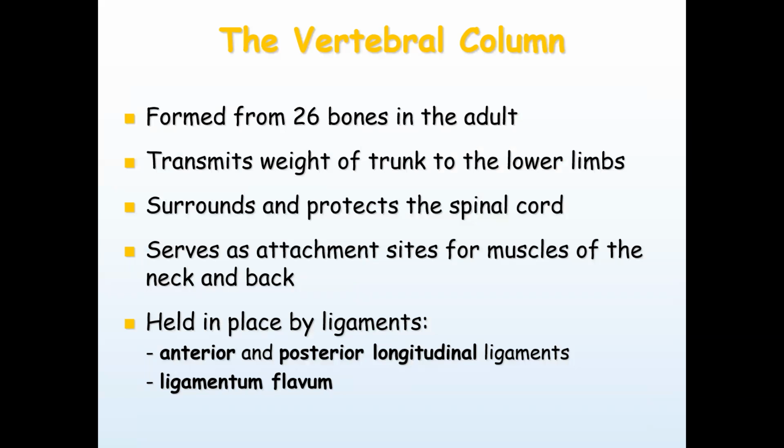So it helps to keep you upright, basically. As it says, it serves as a site of attachment for muscles of the neck and the back, which is where the keep-you-upright part comes in, right? It also surrounds and protects your spinal cord.